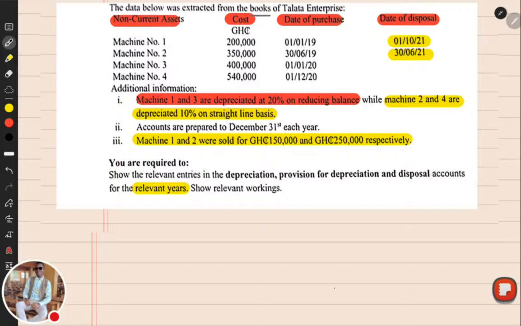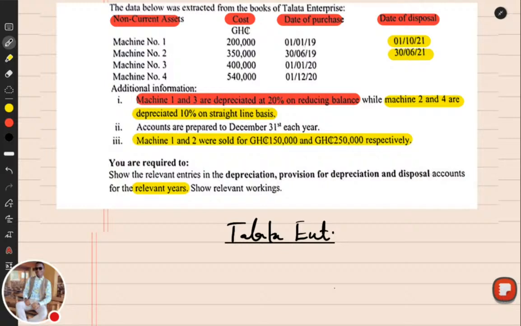First thing, you need to have the name of the business. Here we have been told it is Talata Enterprise. We are asked to find the depreciation for these assets for the relevant years.